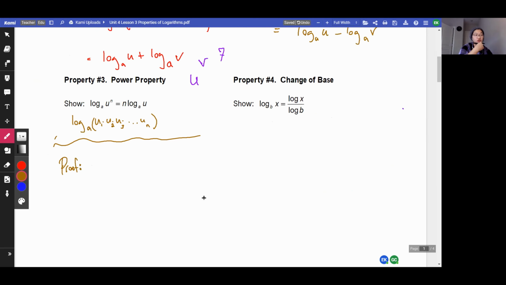So can we try to write U again, the same old way that we've been doing that? Yeah, so A, we're using the letter A because it's our base, but this works for any base, as you said before.